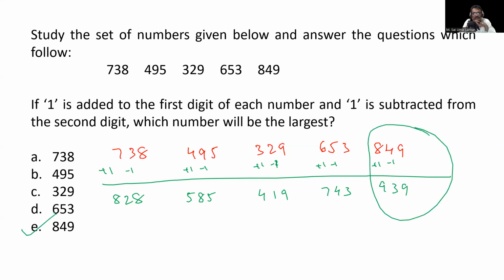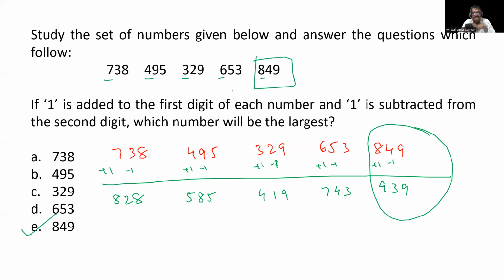Now, without solving this one, how to solve? Here it is clearly mentioned that 1 is added to the first digit. There is no interchange, right? If you add 1 to each and every first digit or not, what is the largest number?